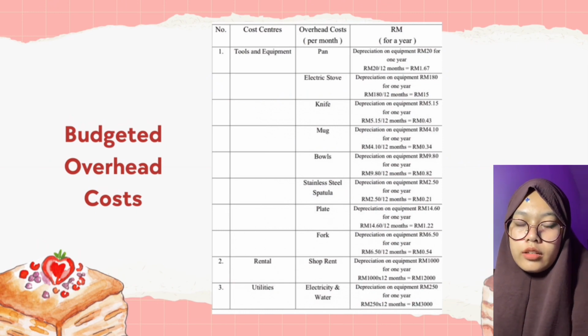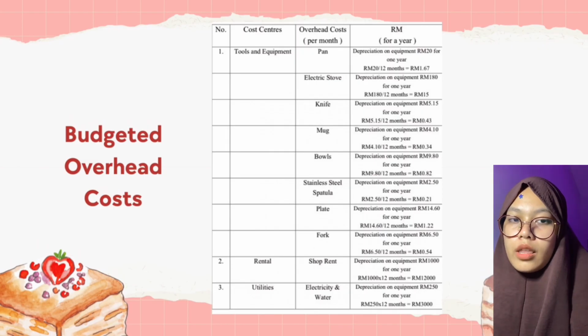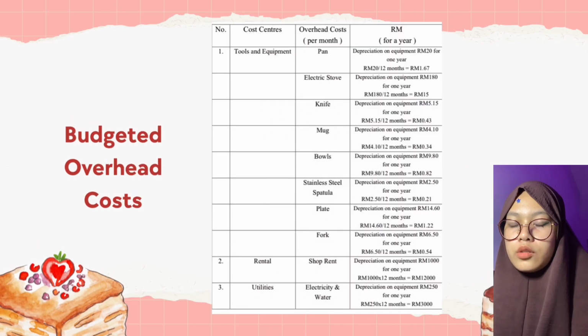Lastly is electricity and water. So we need the depreciation of equipment for 1 year. So it's the same as rental. You need to multiply it by 12 months. So you multiply the 250 ringgit by 12 months, you will get 3,000.